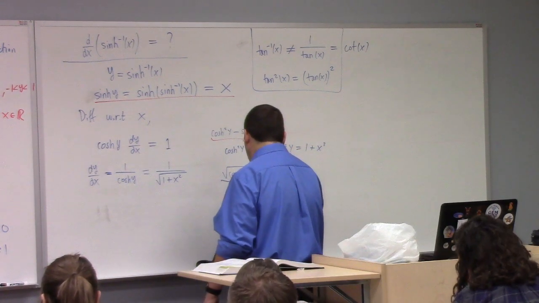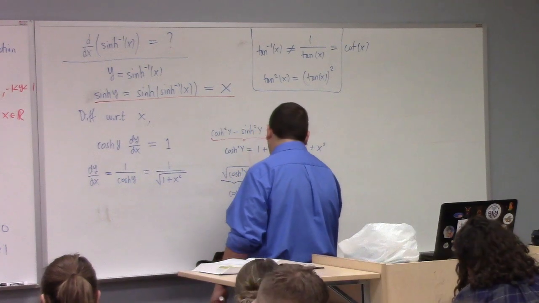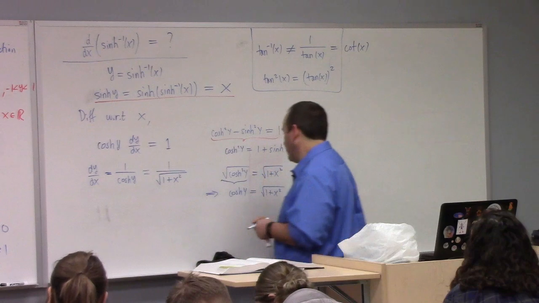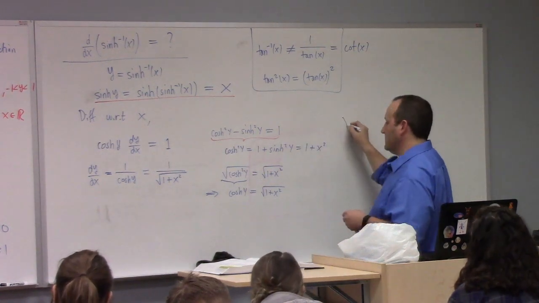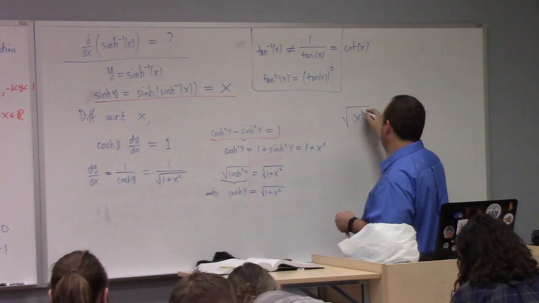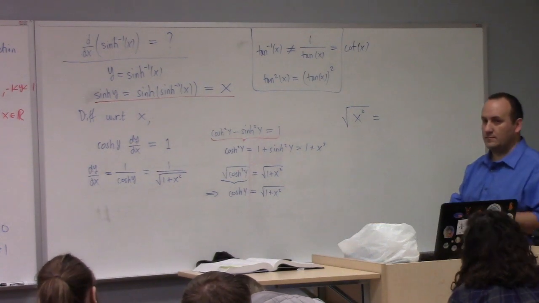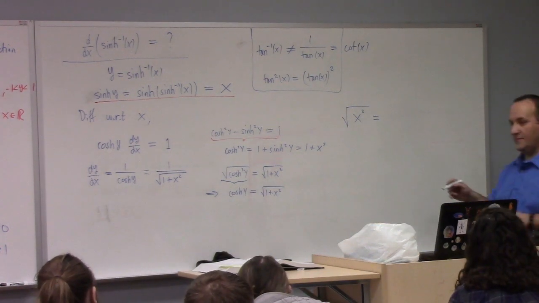Why is that true? Well, there is a rub there, right? Generally speaking, the square root of x squared is the absolute value of x.